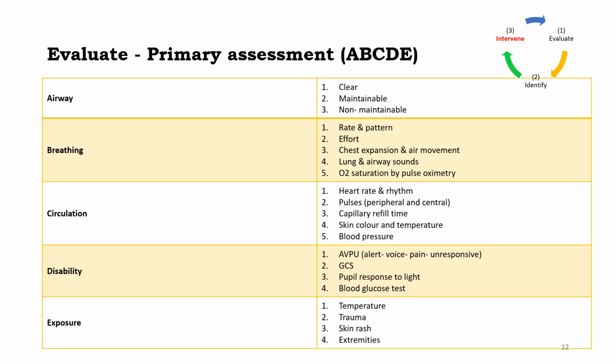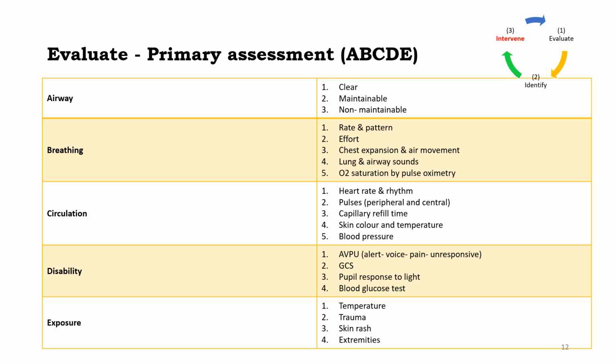If you found that the child is wheezing, you will give them a bronchodilator and then continue on. Circulation, you'll be looking at the heart rate, blood pressure, the capillary refill, and the skin temperature. Here again, let's say commonly child is hypotensive, tachycardic, you'll give them a fluid bolus and re-evaluate.